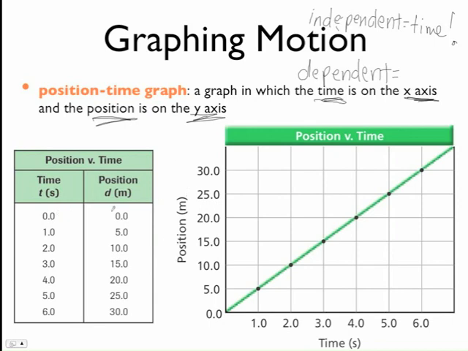Like for this one they had 0, 0. The next one they had 1 and 5, and so on, and then they connected the dots. On a position time graph, you will connect the dots unless they tell you not to. So position is on the y-axis, time on the x-axis, and your slope is going to equal the velocity.